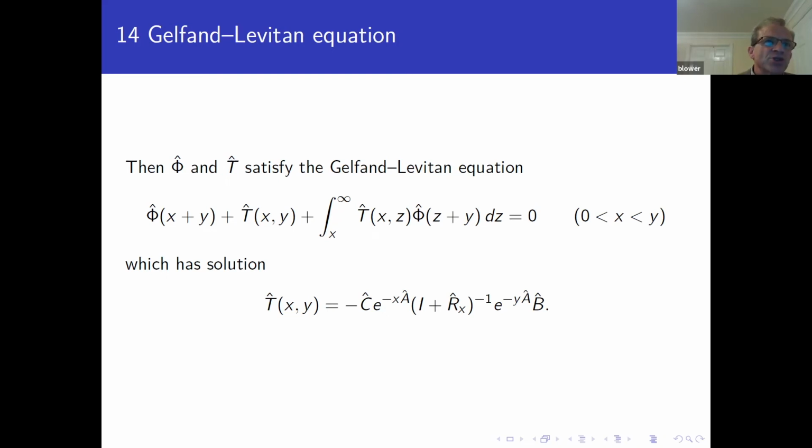The solution is given by a formula that I had on the previous frame, and this motivates the definition. Once you see the formula and do some simple calculations, you'll see that it does satisfy the equation as above.